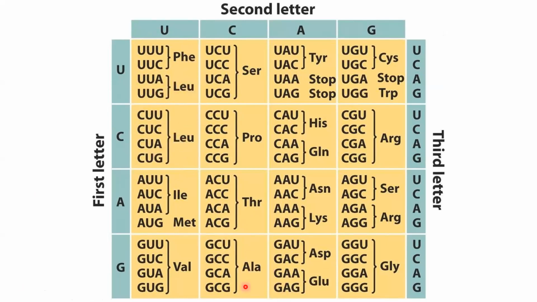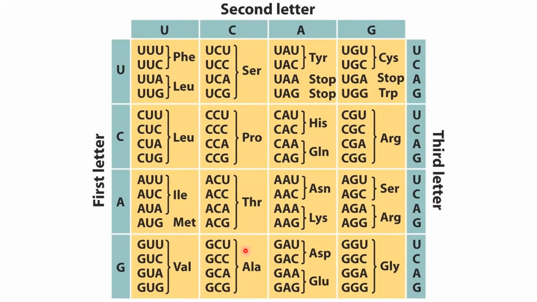All of these 4 are giving us alanine, which means that even if there is a slight difference, and that's so clever, even if a wrong one is put in, a U is put in instead of a C, you'll still get alanine. You won't get a huge change, because that would have led to many defects. And even if some is lacking, you still get a huge range to choose from, right?